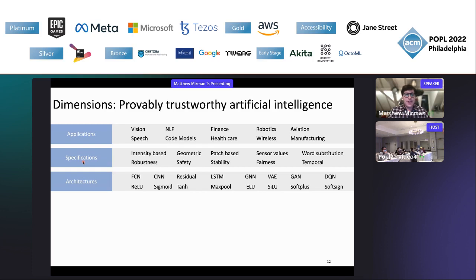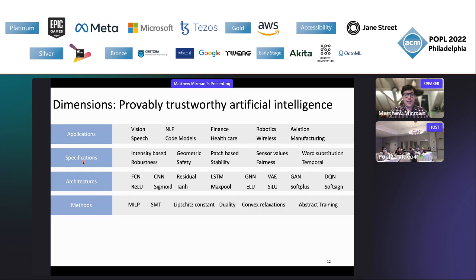Another dimension that changes how we might approach building trustworthy AI systems is the types of architectures that are used. Most historic architectures are based on ReLU networks and essentially convolutional neural networks, but we're frequently seeing more residual networks and unusual architectures with more significant nonlinearities, such as transformer networks.